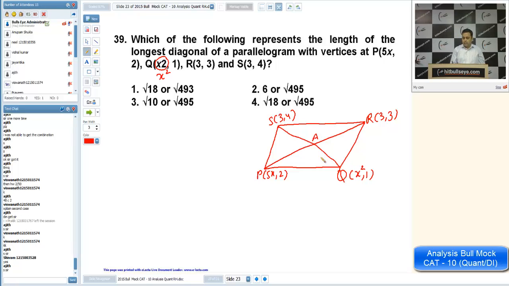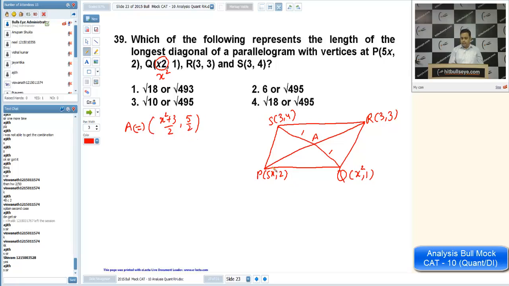So if I take QS as the diagonal, the coordinates of A will be (x square plus 3)/2 by using the section formula, since the ratio is 1:1, and (1 plus 4)/2, that is 5/2.